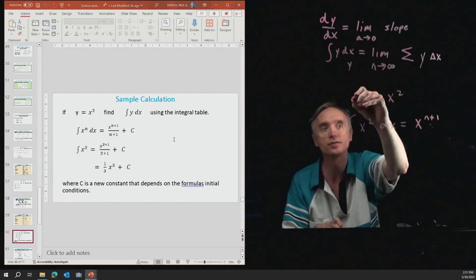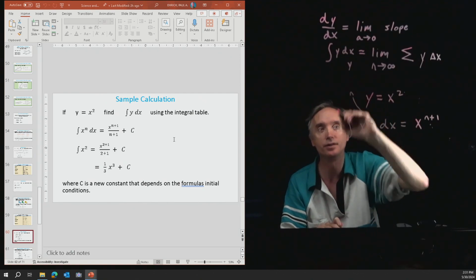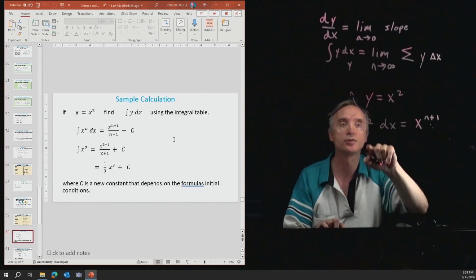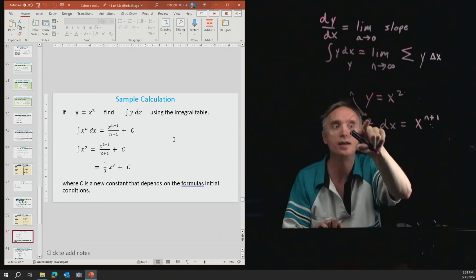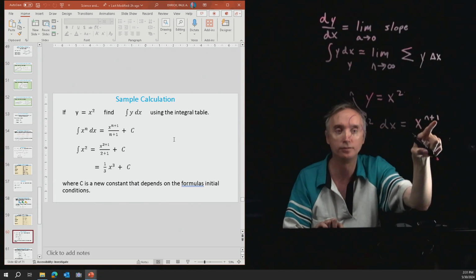So this thing here, that 2, is n in the general formula. So we're going to be using that formula there. So if this thing was n, then it's going to be x to the n plus 1.